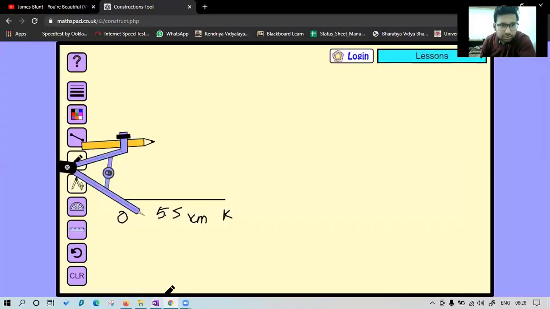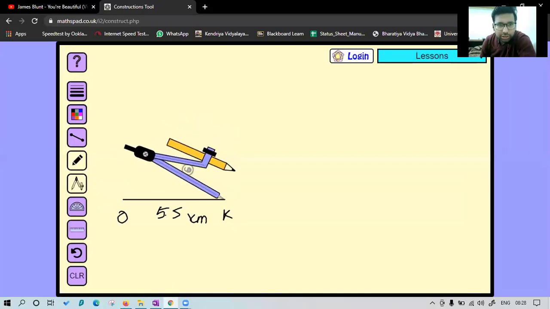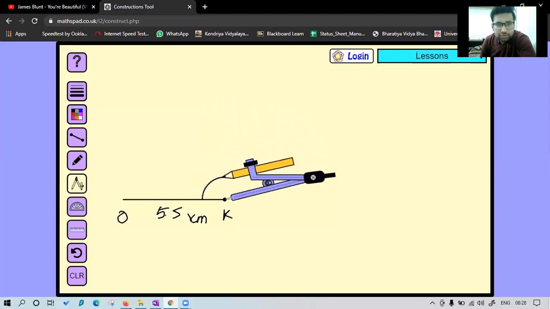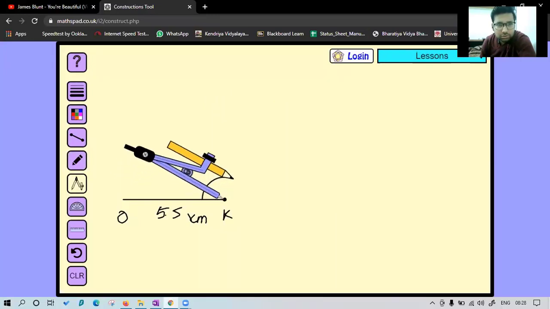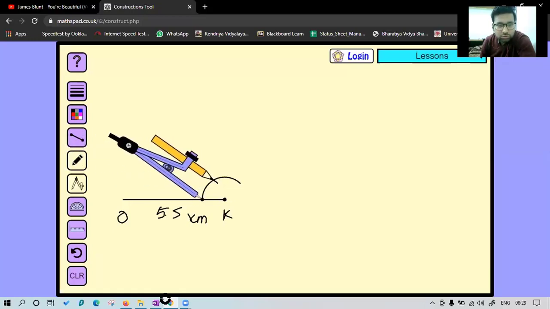So let's take the compass on K and draw an angle of 60 degrees over here, like this, and just cut an arc. Now class, what we will do is draw the same angle on this side also. I think my diagram will go on that side now.